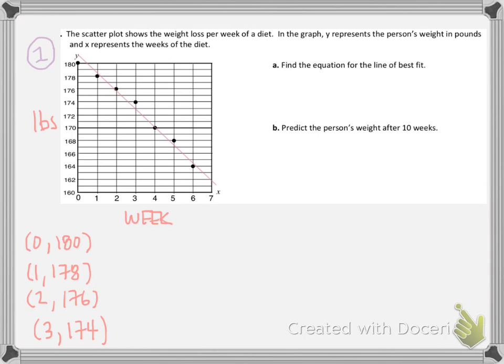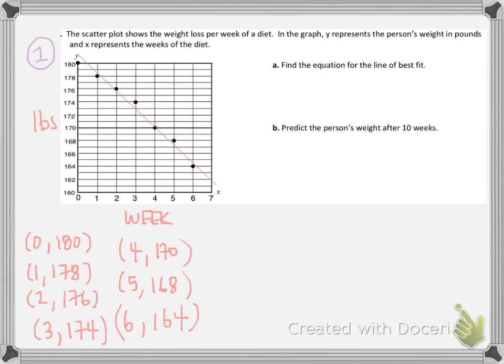At week 4, my weight is 170. At week 5, my weight is 168. At week 6, it's 164. Okay, so those are the ordered pairs that you're going to put into your calculator.